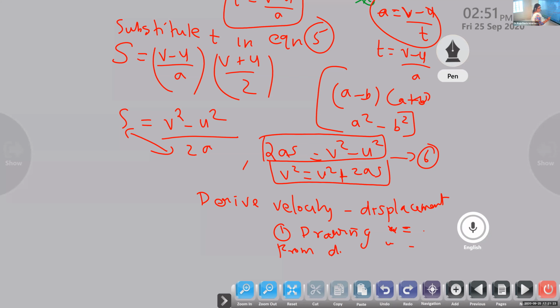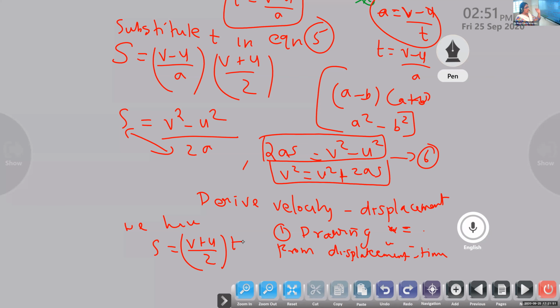How the displacement time relation came, you don't have to show me. Okay, you come to there. From displacement relation, what do we have? S is equal to V plus U by 2 into T. Start the derivation from here. Diagram must. Okay, diagram must.